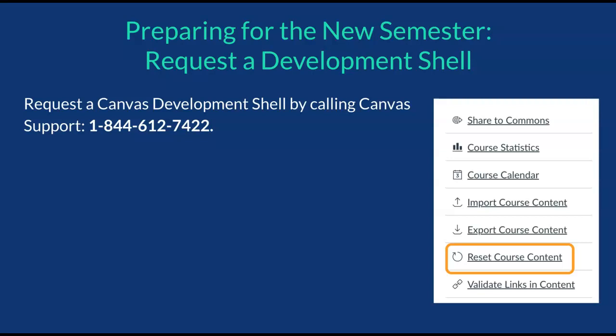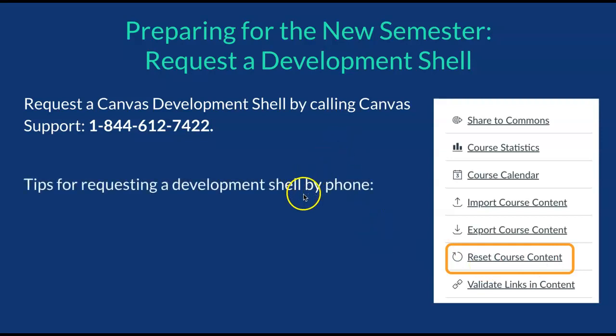If you have content in your development shell that you no longer wish to use, you can completely wipe out your development shell by going to your course settings and selecting Reset Course Content. If that makes you a little nervous, which is very understandable, then you can just continue adding content to your development shell.